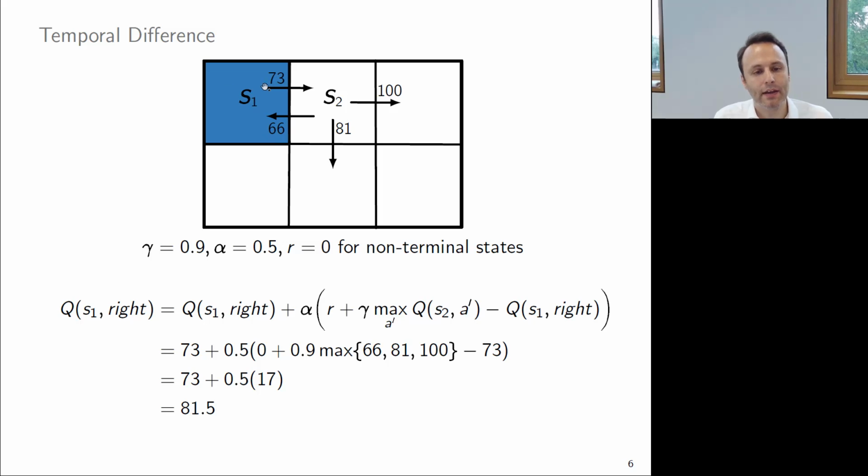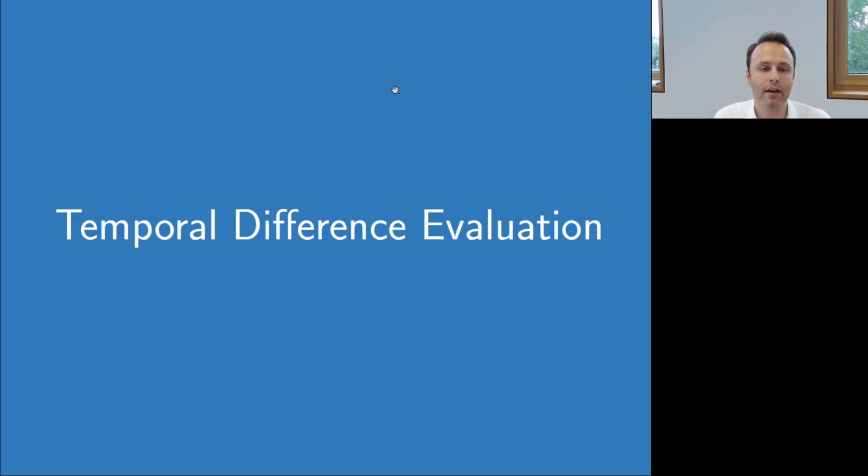So if we are in state S1 and make the move to the right, then if we had 73 before, we're gonna update our estimate for this to 81.5.